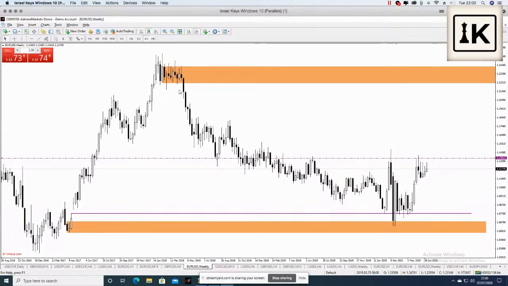They usually form at reversals, where price runs through a level so quick that it doesn't have the chance again to trade efficiently.